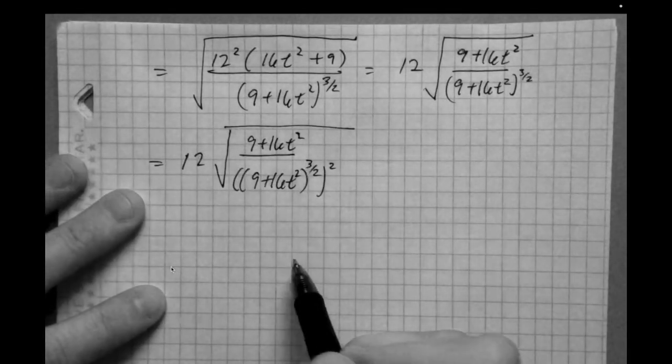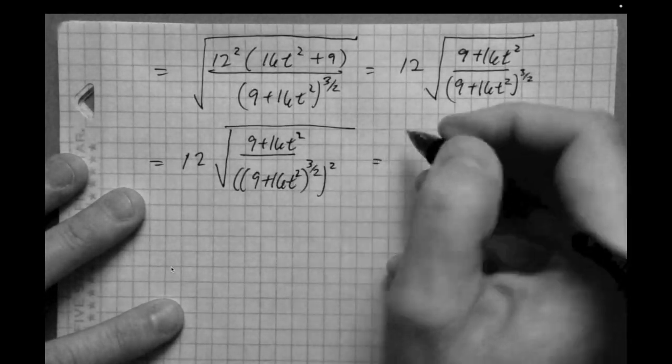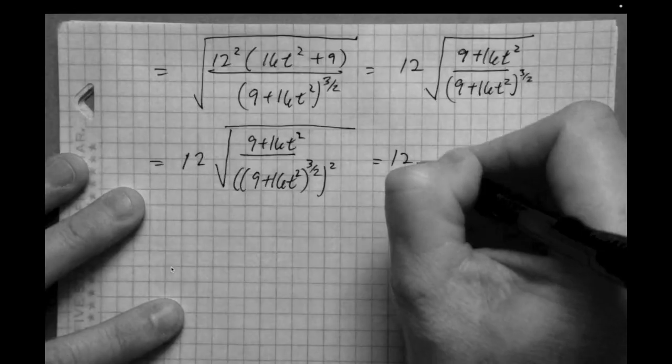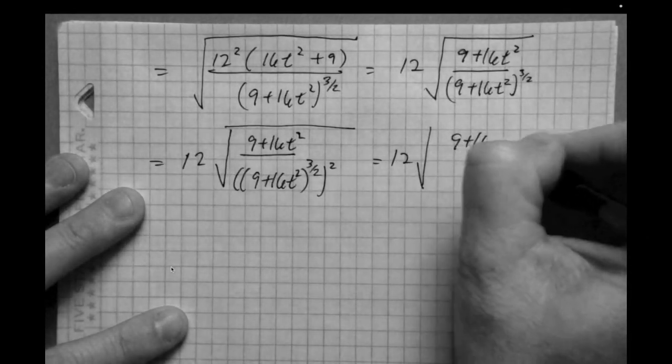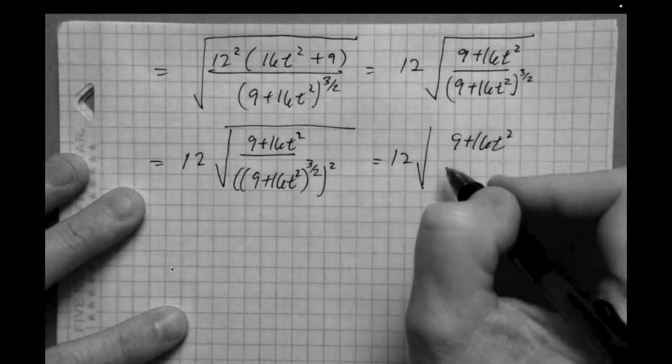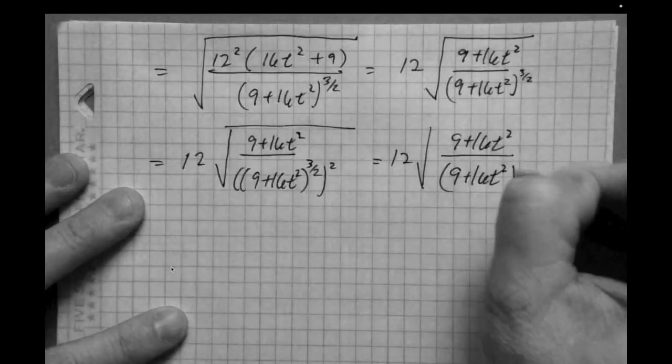Okay, and what's the advantage of that? Well, the squares cancel, right? And so this becomes 12 over the square root of 9 plus 16t squared over 9 plus 16t squared cubed.